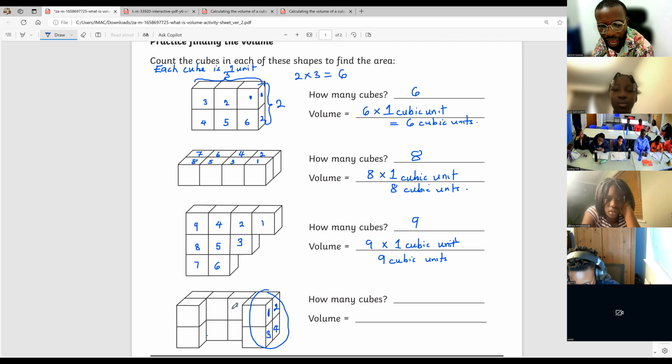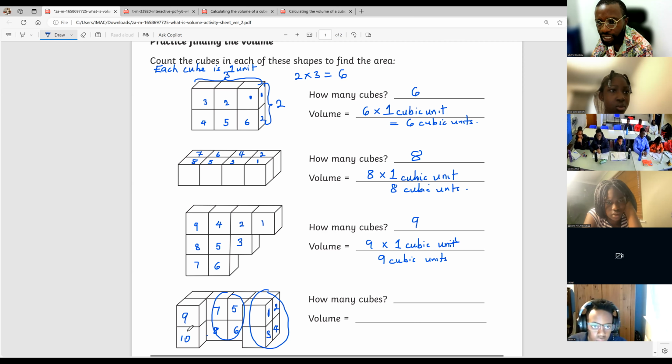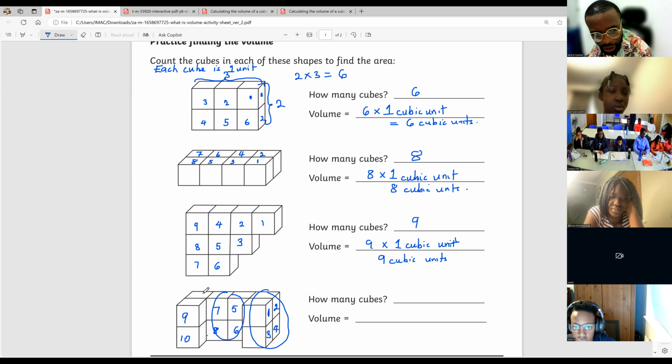This is 5, 6, 7, 8, 9 and 10. Now, if you notice, this 9 and 10 has another cube behind it. Do you agree? Yeah. So that is 11 and 12. So that makes it 12. That means this is 12 times 1.